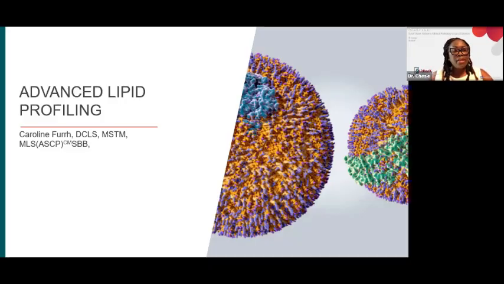Cardiovascular risk assessment is a cornerstone of preventative healthcare. One of the tools used to evaluate the risk of adverse cardiovascular events is lipid profiling. Can you give us an overview of traditional lipid profiling and more advanced lipid profiling?